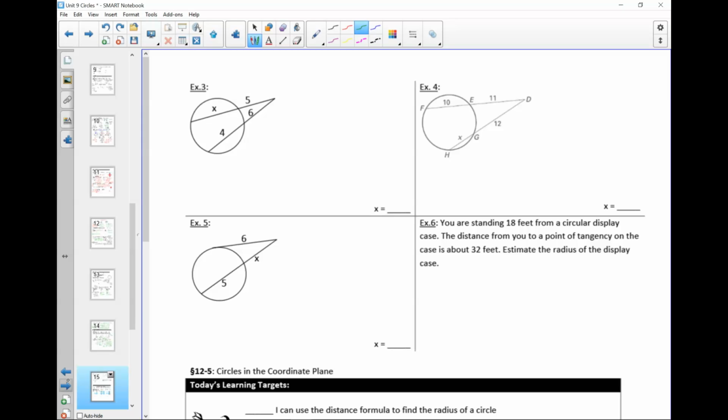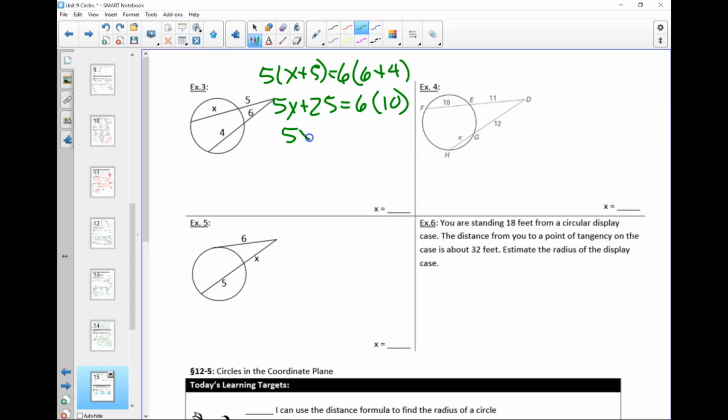Here we have two secants. So we're going to do outside times whole equals outside times whole. Distributing, we have 5x plus 25 equals 6 times 10.